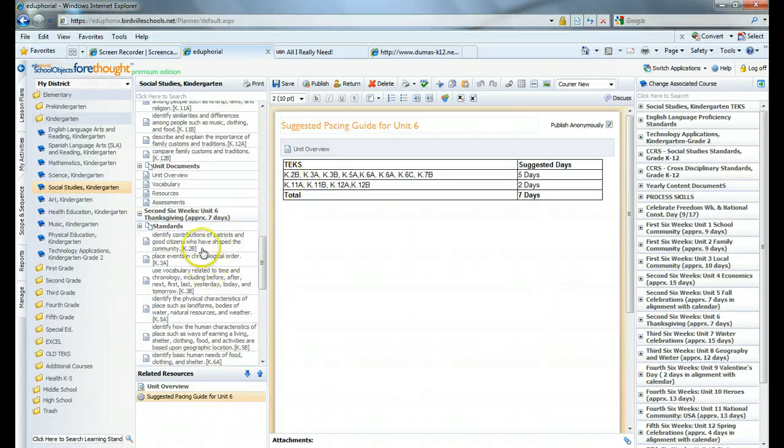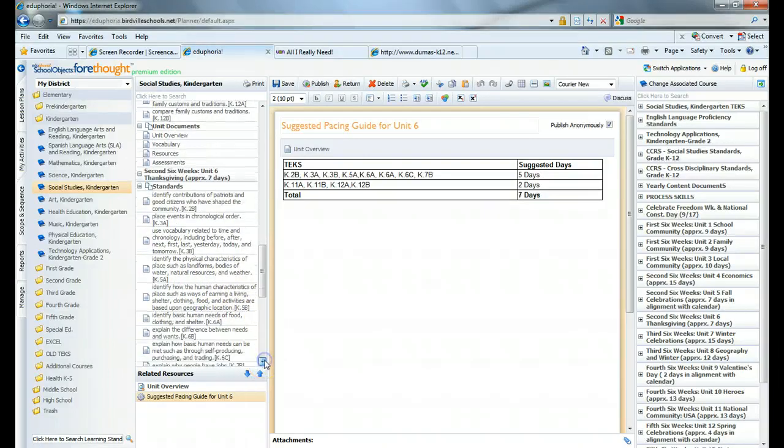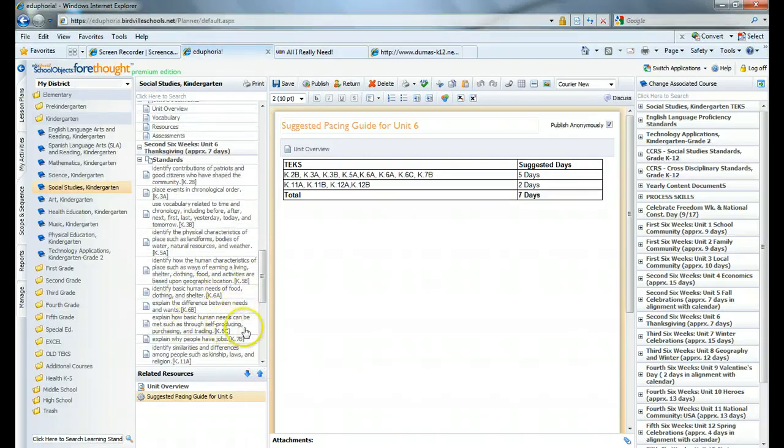Right here I have that identify contributions of patriots would go together with placing things in logical order, with using before, after, next, with identify physical characteristics of landforms. That also goes with identify basic human needs. It also goes with K.6c, explain how basic needs can be met through self-producing purchasing, and K.7b.